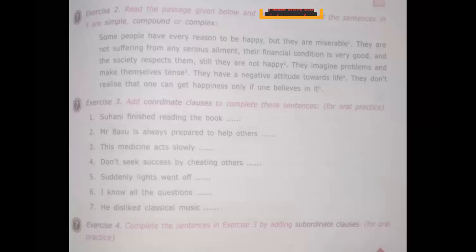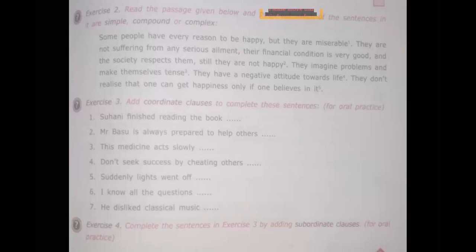According to people, it is "have"; otherwise there can be "has" also. The second one is "they are miserable", right? So this one becomes a compound sentence. The next one you all do yourselves.